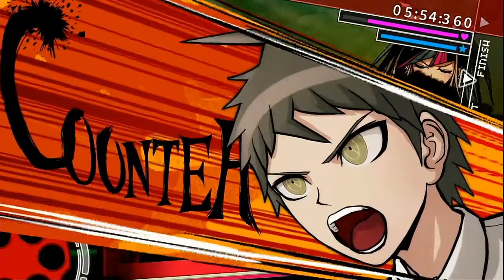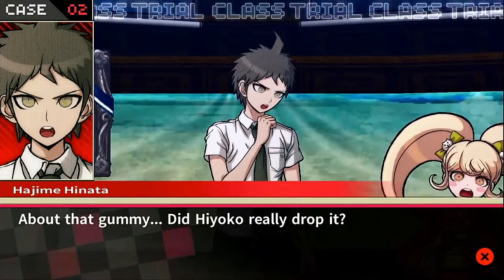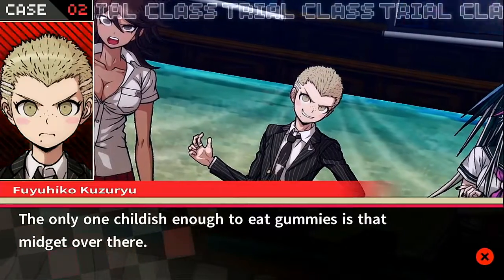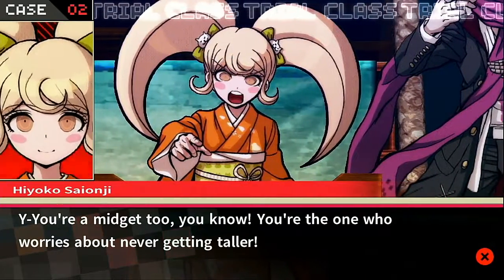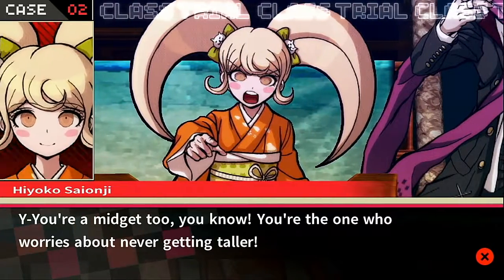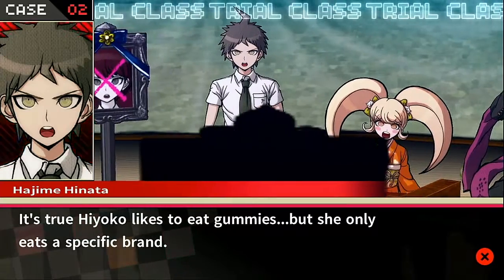No, that's wrong. About that gummy, did Hiyoko really drop it? The only one childish enough to eat gummies is that midget over there. You're a midget too, you know. You're the one who worries about never getting taller. It's true Hiyoko likes to eat gummies, but she only eats a specific brand.